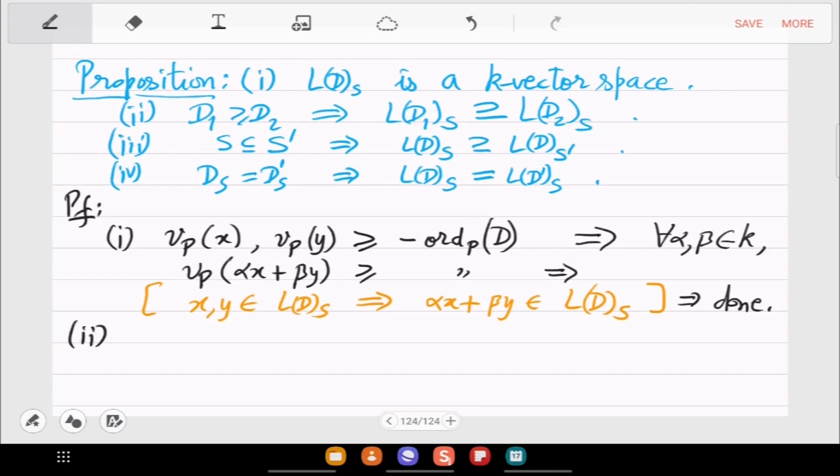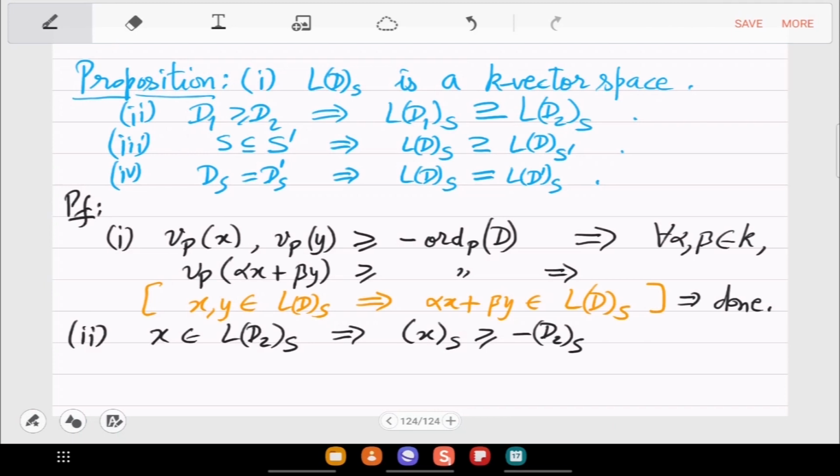Second property: take any element in L(D2,S), which means that the valuation of x at S is at least minus D2.